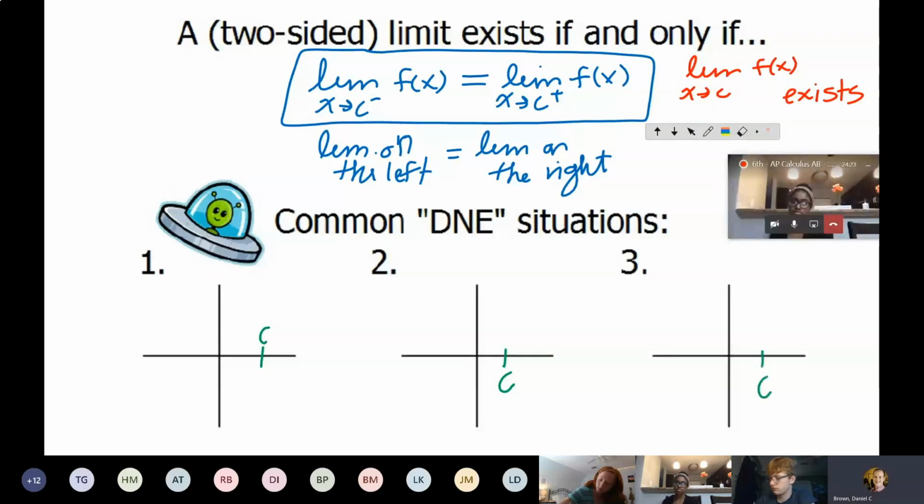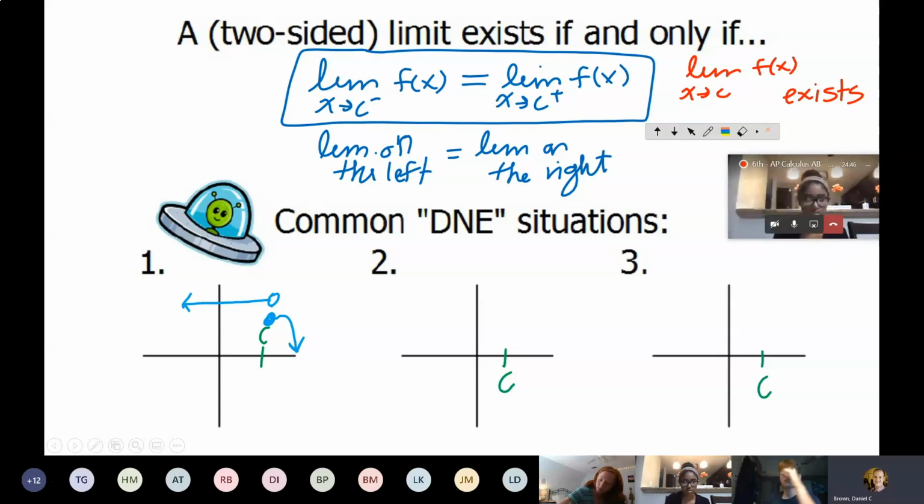Most common case when you have a limit not existing is when you have a piecewise function. Whether open or closed holes, it doesn't matter. So the left and the right hand side don't match up.